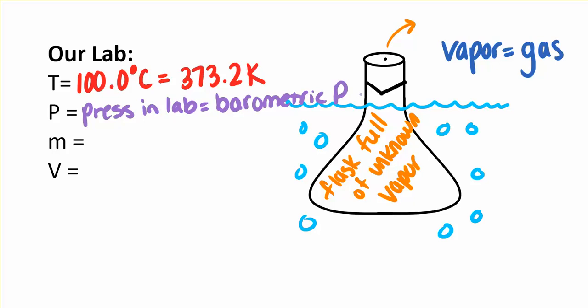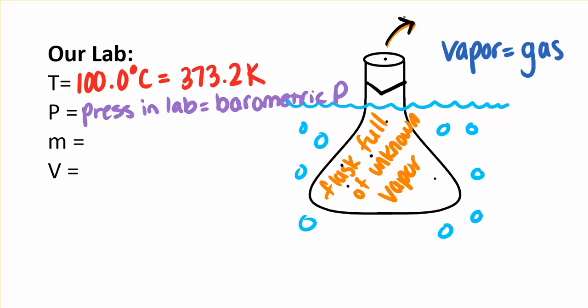Let me tell you another interesting thing about why this works the way that it does. It's called Avogadro's law. At the same temperature and pressure, equal volumes contain equal numbers of molecules. In other words, when those particles are leaving, the right number need to leave for the pressure to be the same as in the room.